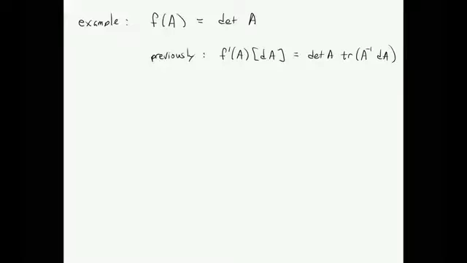Or equivalently, we showed that the gradient of f was the determinant of A times A inverse transpose, which is called the adjugate transpose of A. I always forget which is which. It's the cofactor matrix of A. There are various ways you can show this, and Professor Edelman looked at a couple different ways.